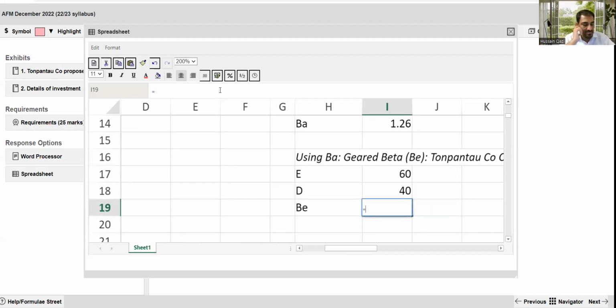It is equal to beta asset, that is 1.26, divided by equity 60 divided by 60 plus debts 40 into 0.8, that is 1.93. That is 1.93.